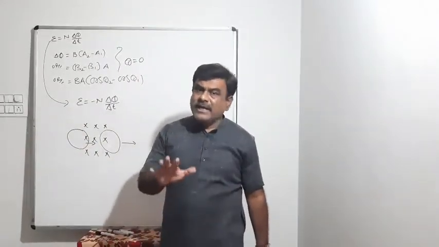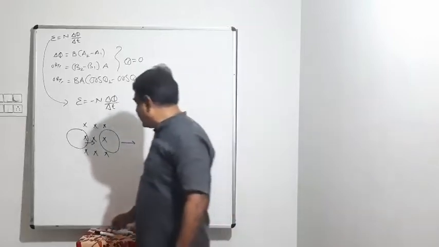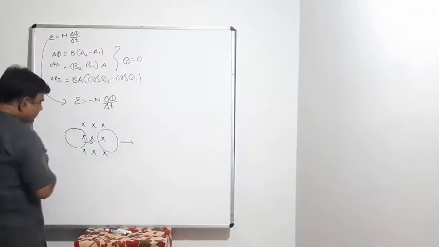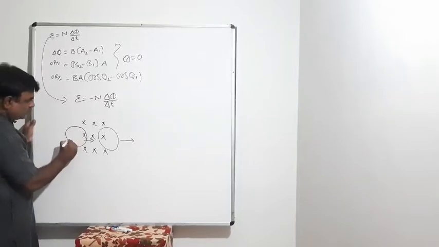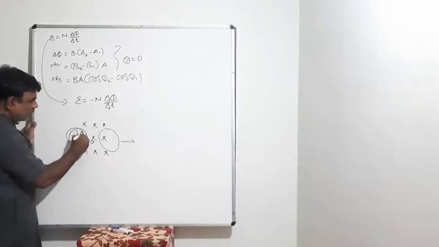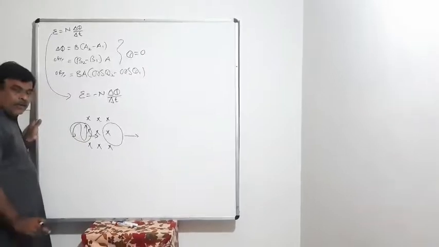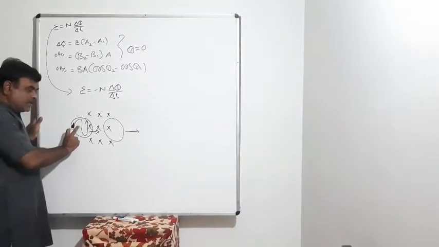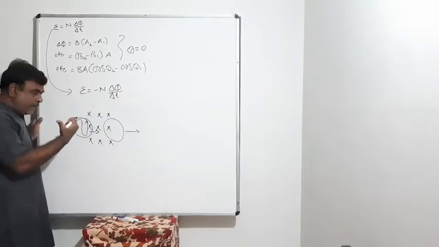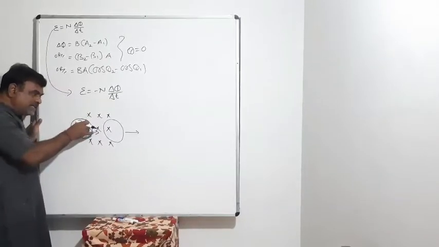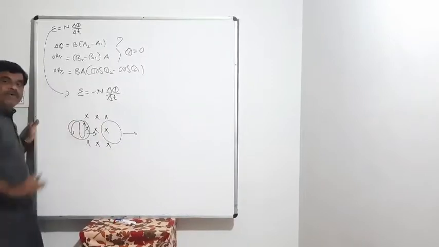It opposes the increment in the inward flux. That's why here, as the inward field is increasing, the current should be induced in the anti-clockwise direction. How? Because anti-clockwise direction will produce an outward field. So this outward field, or outward flux, will compensate the increment in the inward flux.